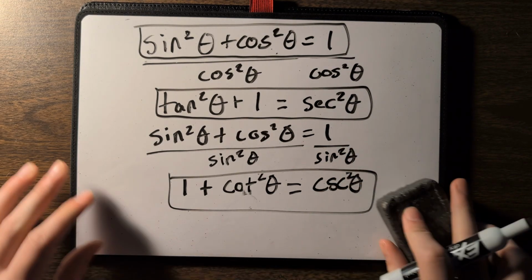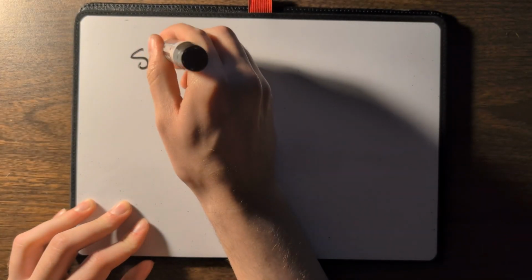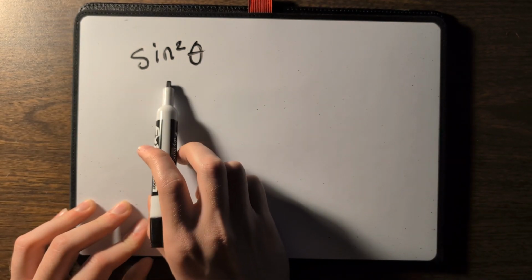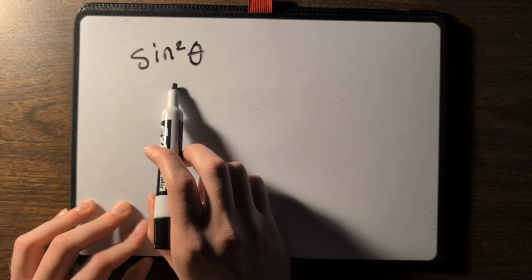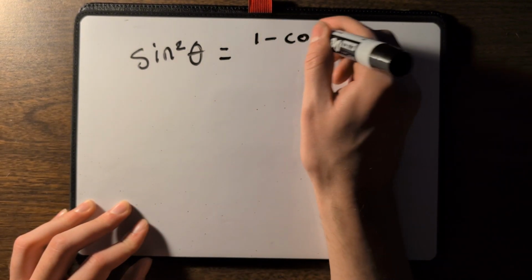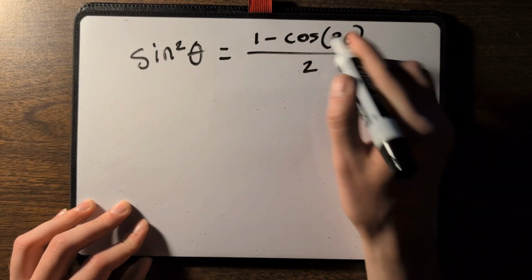So let's move on to another set of trig functions. These are known as the double angle, or, well, sometimes they're known as half angle identities, which involves when we're looking at just one square trig function, we can relate it to a double angle of cosine.